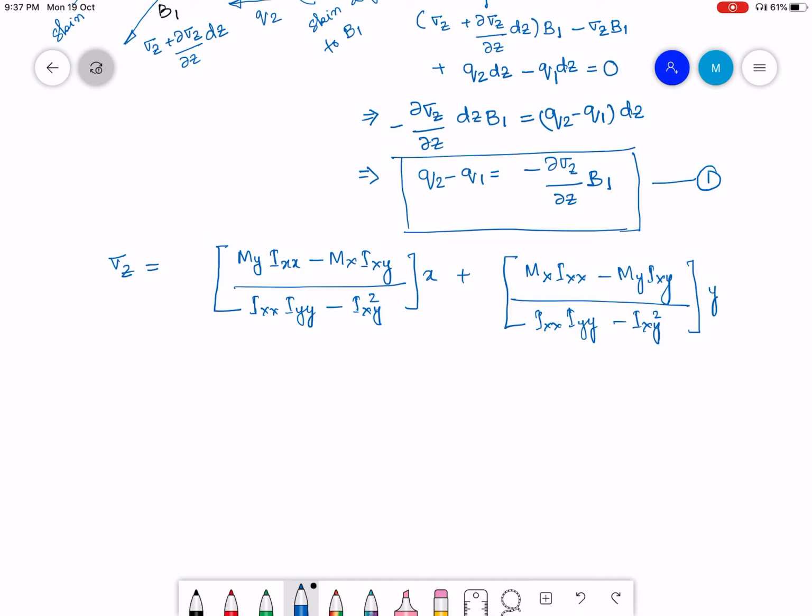I hope I have written this correctly. Okay, so let me call this equation 2.